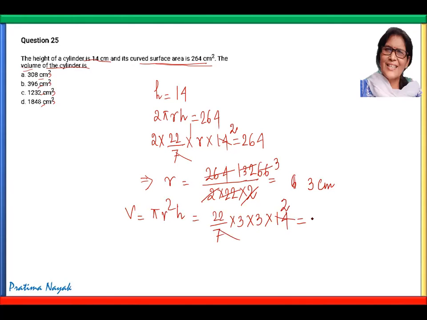So now multiply 22 by 3, 3 9 to 18. Multiply again, 18 2 times 36 carries 3, 18 2 times 36 plus 3, 396. This will be 396 centimeter cube. Where is the answer? B is the answer. So B is the correct answer.